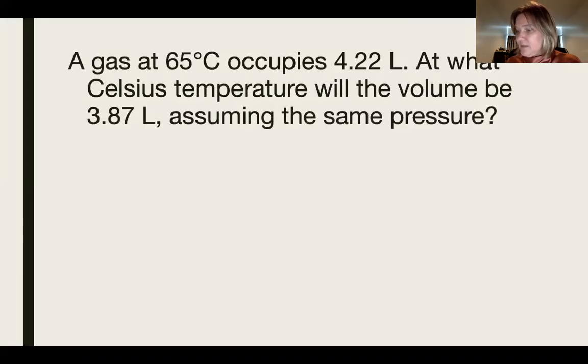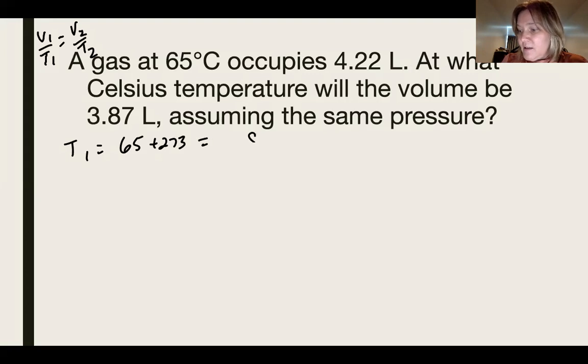Next, I've got V1 over T1 equals V2 over T2. A gas at 65 degrees C, so that's T1. 65 plus 273 is 338. It occupies 4.22 liters, so that's V1.